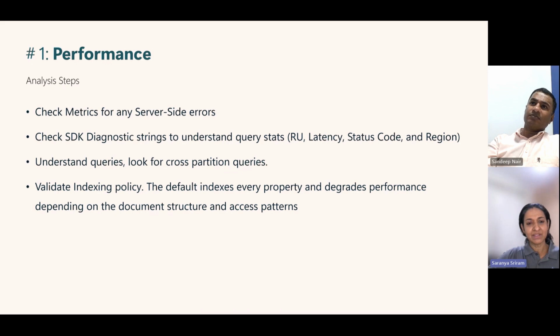Look for whether there are cross-partition queries or specific queries that are guzzling up the RUs. Indexing is another important parameter. If your documents are very heavy, with multiple properties, everything is indexed by default in Cosmos DB. So you probably want to exclude properties wherever you think the queries are not going to touch them. So a couple of these areas.